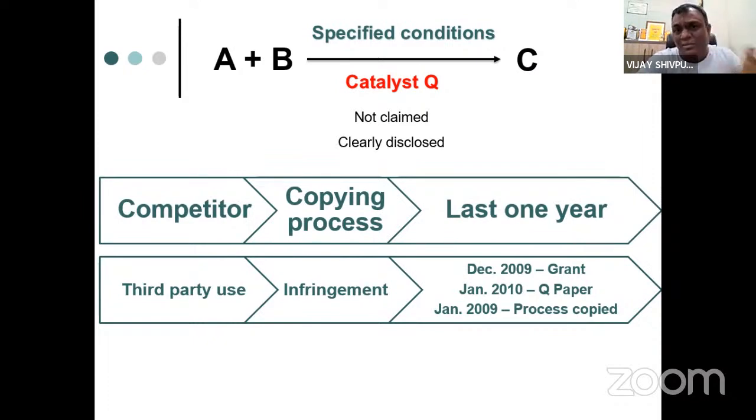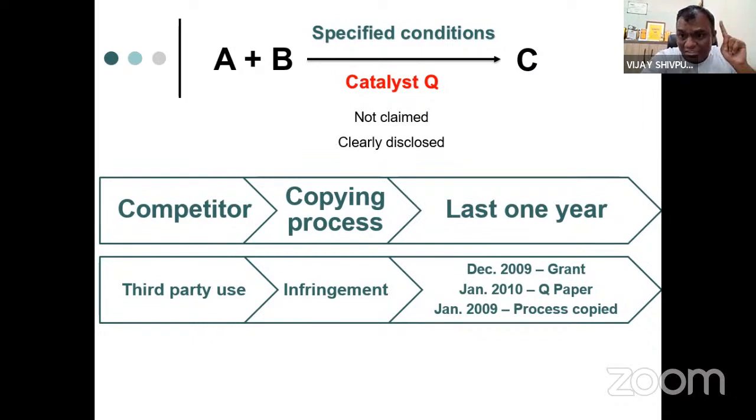If you understand the way infringement is evaluated, you would understand what is claimed. The claim has just 4 things: A plus B gives you C under specified conditions.